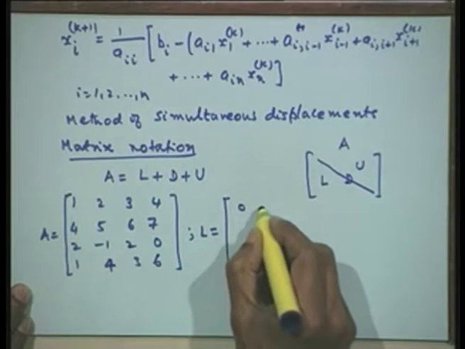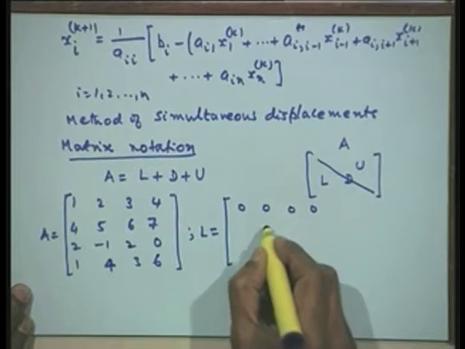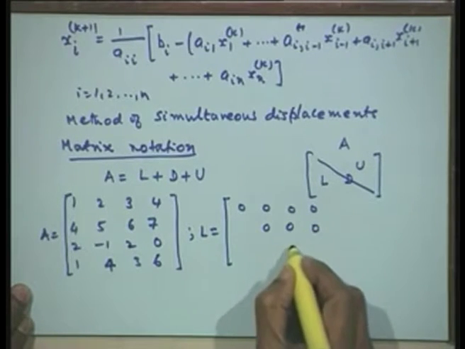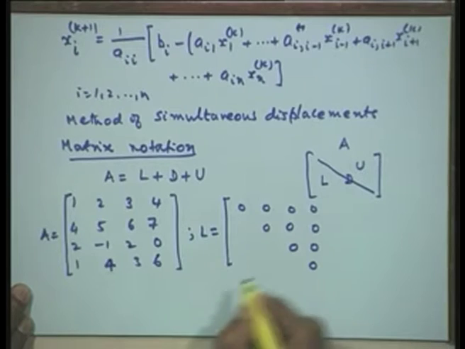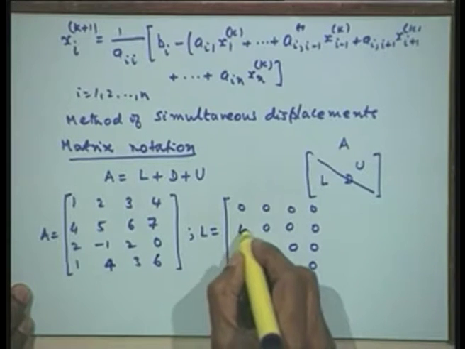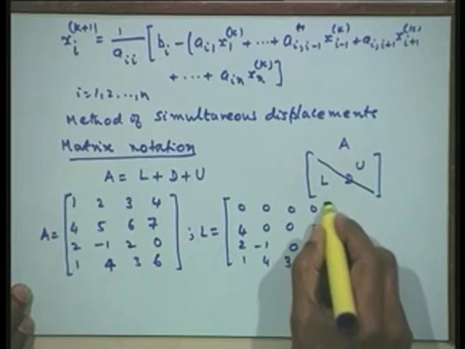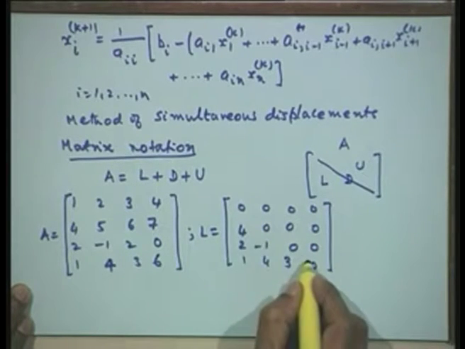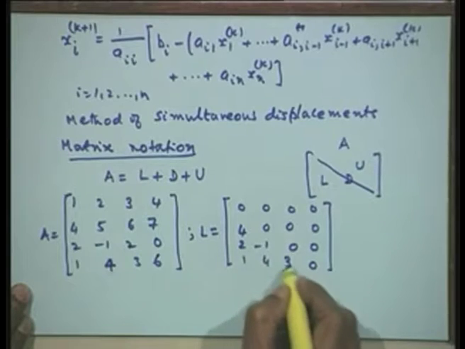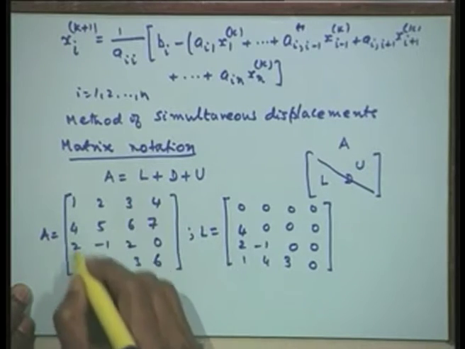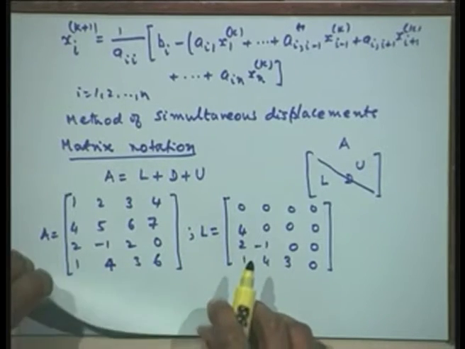That means everything else will be 0, and this strictly lower triangular part is 4 2 minus 1 1 4 3. So, the diagonal and above is removed, and whatever is strictly lower triangular I will call L.